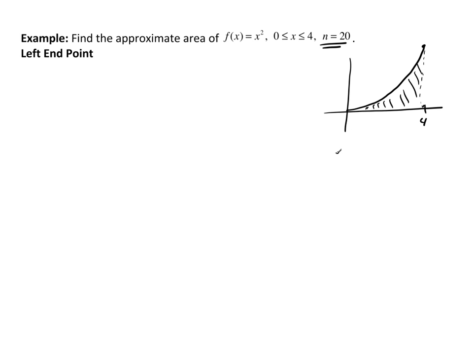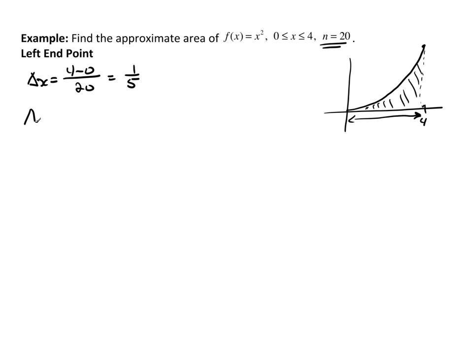And what I'm trying to do is calculate an approximation for this total area under the curve. And the way I'm going to do that is by breaking this up into 20 different boxes. So my delta x is going to be the length of this interval right here, which is 4 minus 0, divided by the number of partitions we want, which is 20, which equals 1/5.